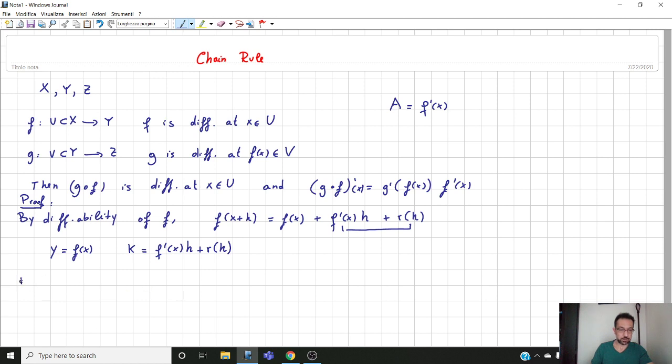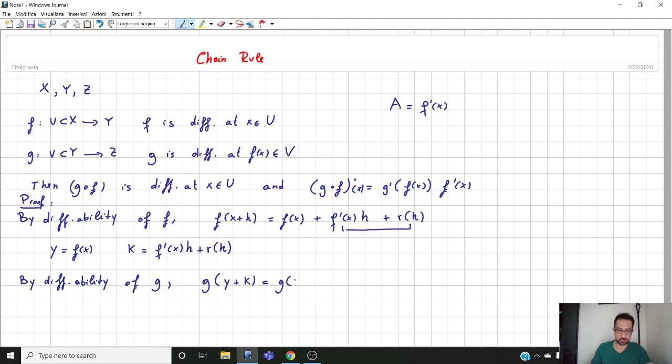Alright, so by differentiability of g, we can write that g of y plus k, where y is f of x, is equal to what? Well, let's use this expression.